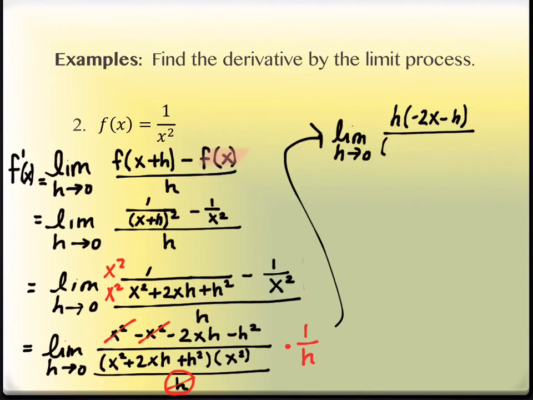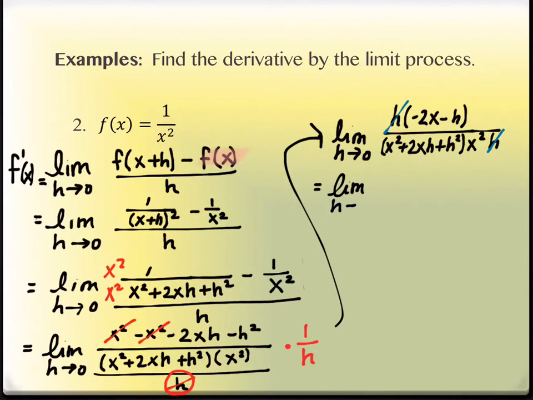My denominator has x squared plus 2xh plus h squared times x squared and times h. And then the h's will reduce. That step of canceling those h's is exactly what allows me to now go ahead and plug in a value of 0 for h.